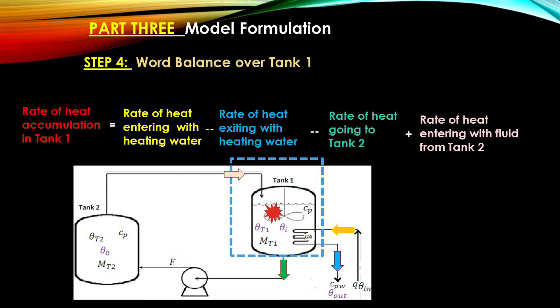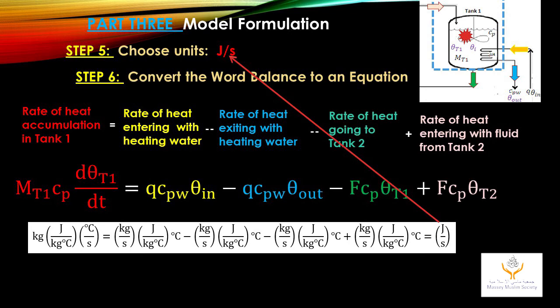It's like saying in this room, the rate of people accumulated in this room is the people coming in minus the people going out. If 6 people are coming in and 2 people are leaving, then the rate of accumulation is 4. Right?